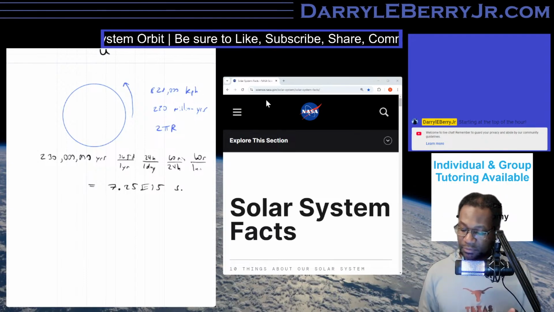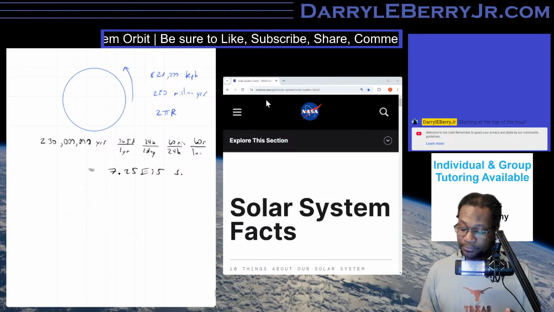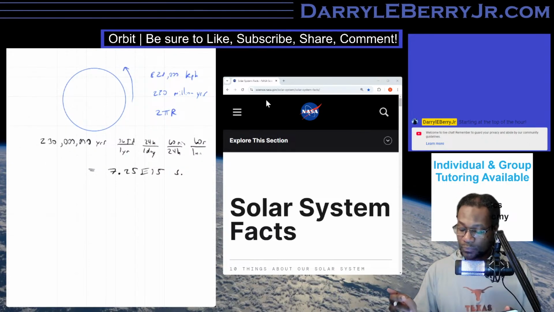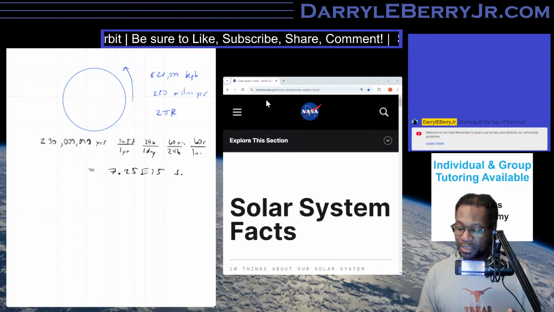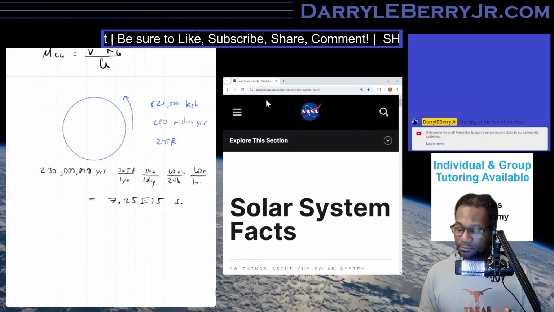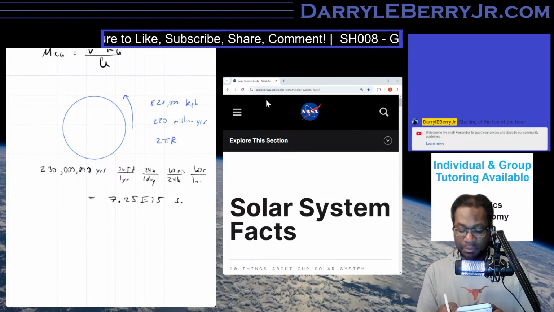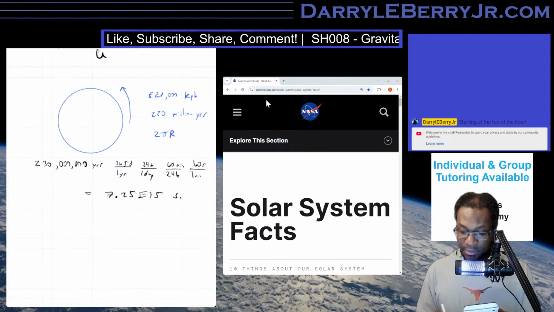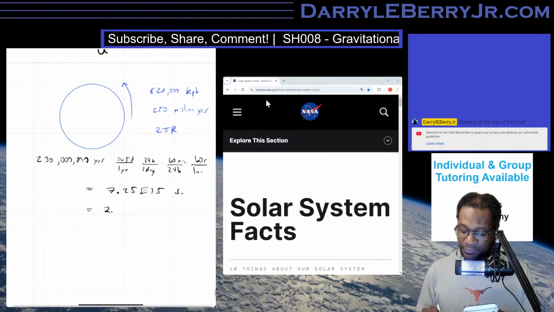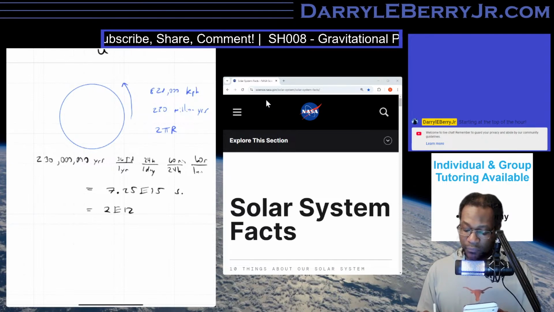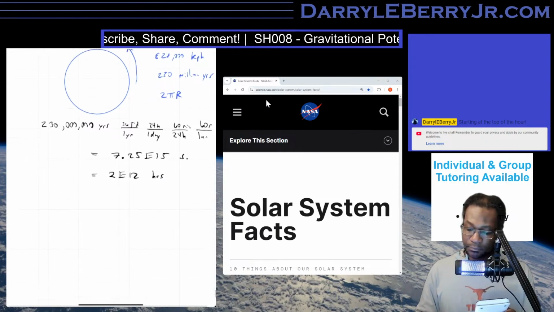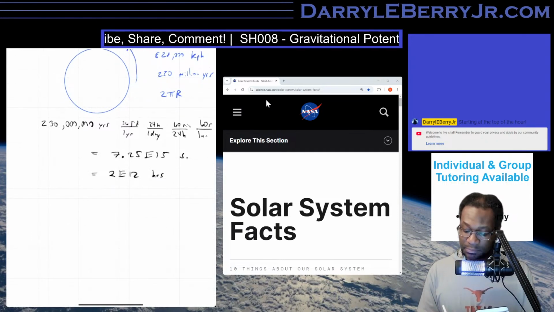So that's how long it takes to go around the galaxy one time. Maybe I should have made it hours, since the speed is in hours. Divided by 60 will give you minutes, another 60 will give hours, so let me make it into hours. That equals about 2 times 10 to the 12 hours.